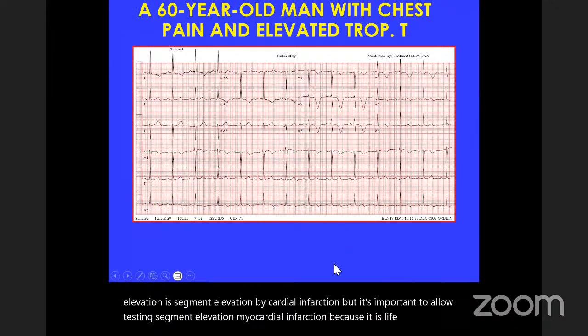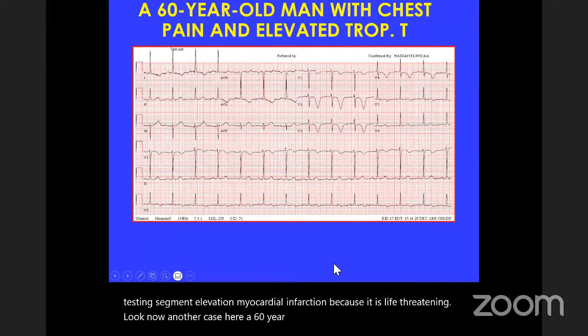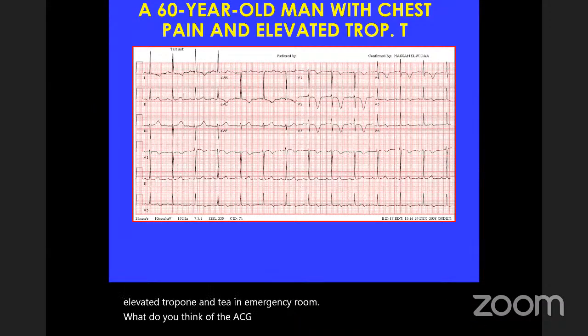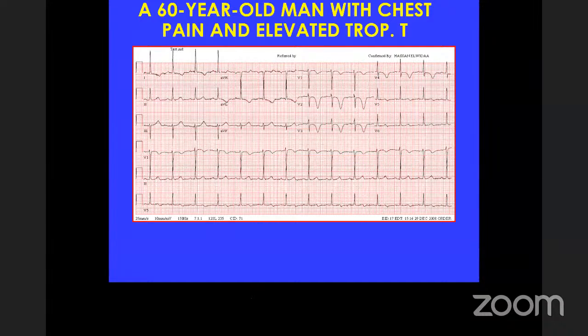Look now at another case here: a 60-year-old man with chest pain, and he had elevated troponin T in the emergency room. What do you think of the ECG, and what is your diagnosis? Any volunteer?